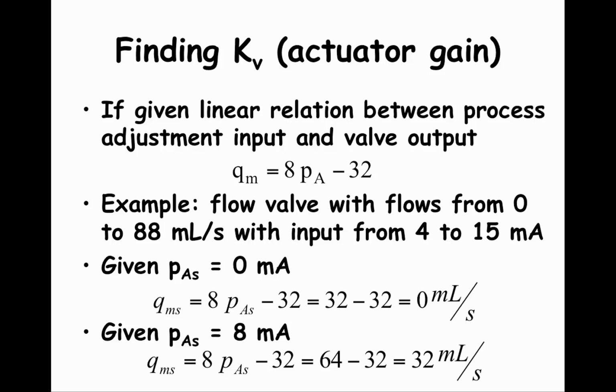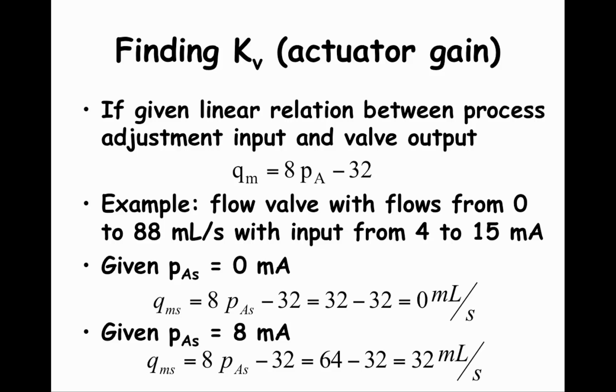Electrical signals usually use current ranging from 4 to 20 milliamperes. Pneumatic control signals are usually air pressure. The ranges vary. In most cases, we will assume that the input control signal, whether electrical or air pressure, is linearly related to the actuator output.